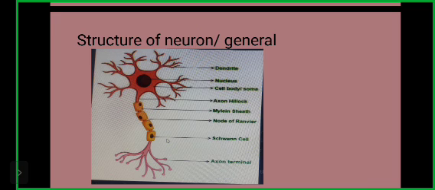I think the cell body, the nucleus, and then the dendrites. The dendrites are structures that look like small branches. The black part is the nucleus. The whole of that structure is the cell body. I think we are following it.